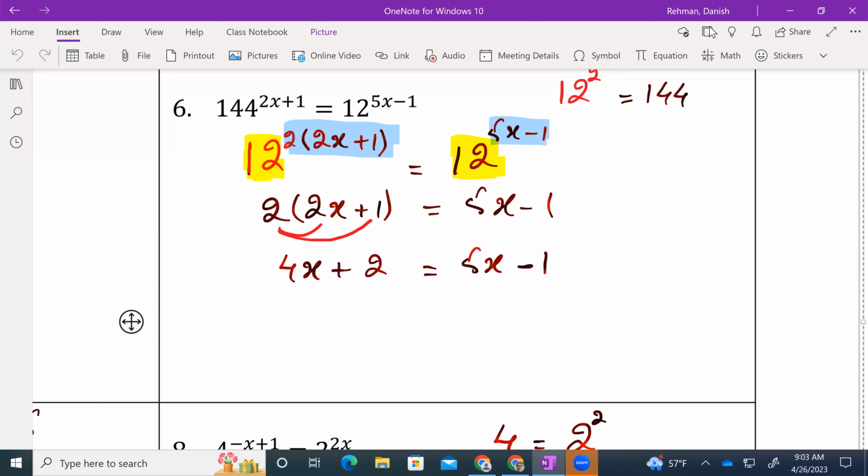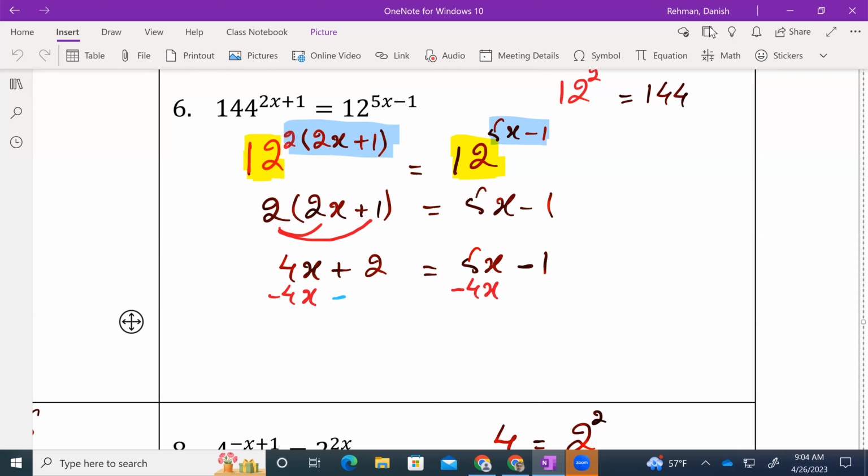Are you with me so far? Making sense? Good. What to do next? Subtract a 4x from both sides as the first step. And then you are right, you can subtract a minus 1.